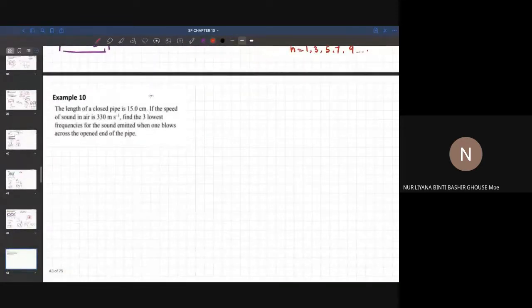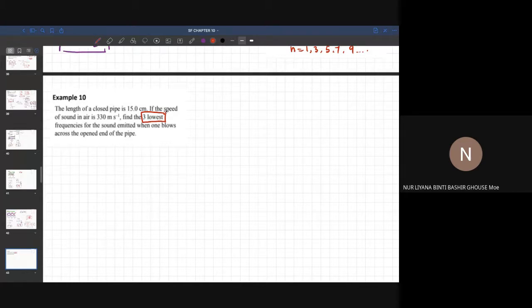Dia kata find the three lowest frequency. Three lowest frequency. Maksudnya 3N yang paling kecil. Apakah nilai 3N yang paling kecil?